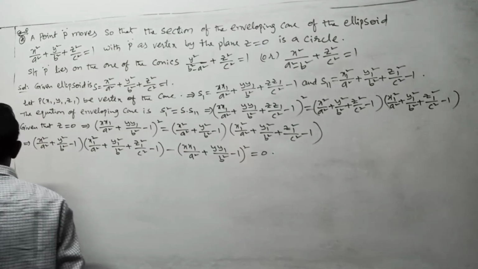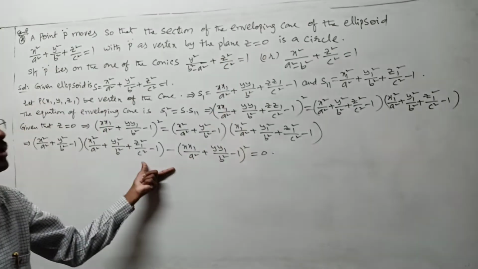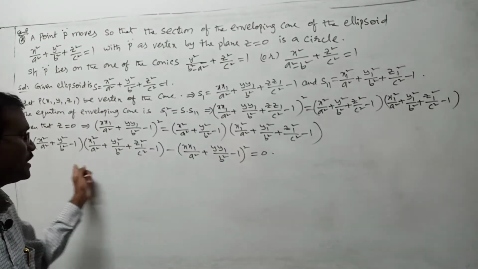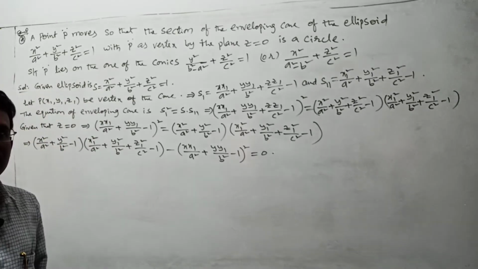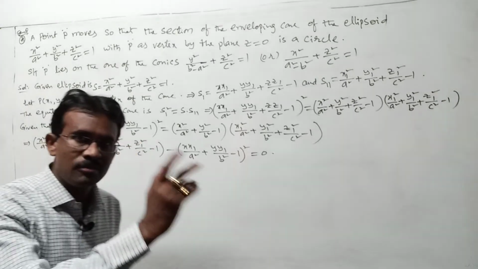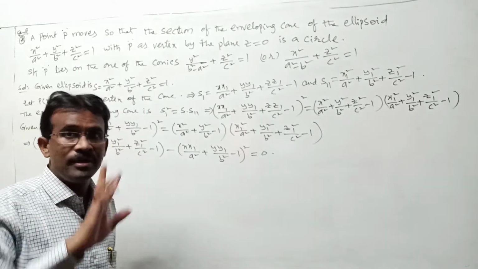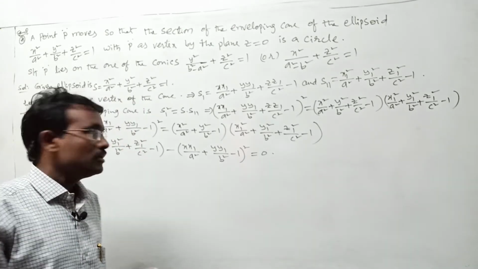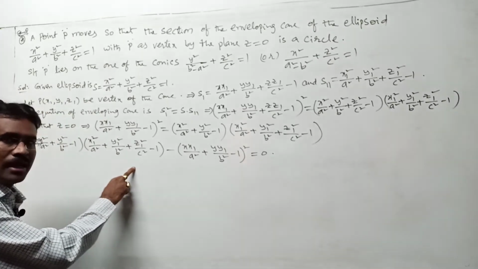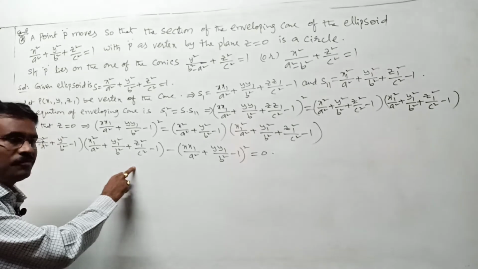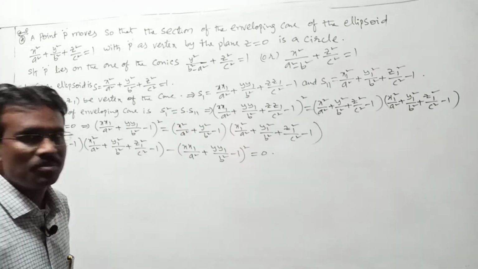Any problem here? Whenever you take z equal to 0, this represents what? A circle. But when do you say it represents a circle? The coefficient of x square should be equal to the coefficient of y square, and there is no xy term in a circle. That means here you must take the coefficient of x square equal to the coefficient of y square and the coefficient of xy equal to 0, because this represents the circle.